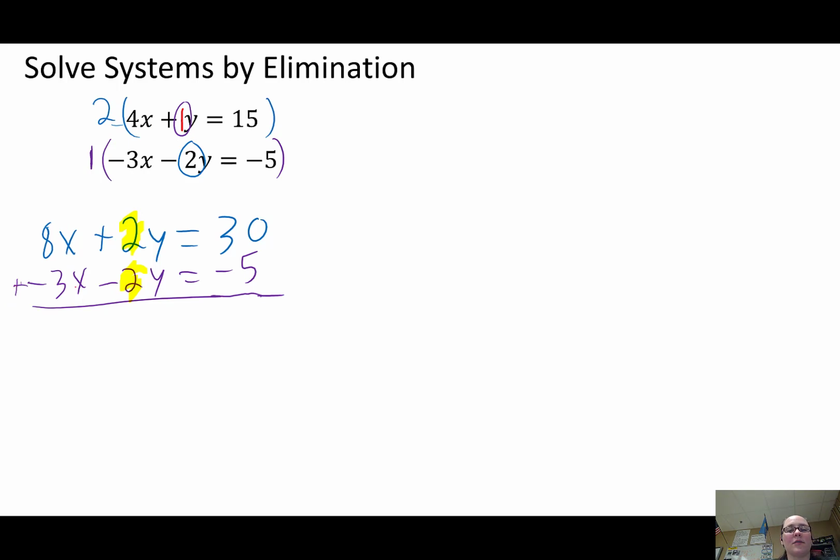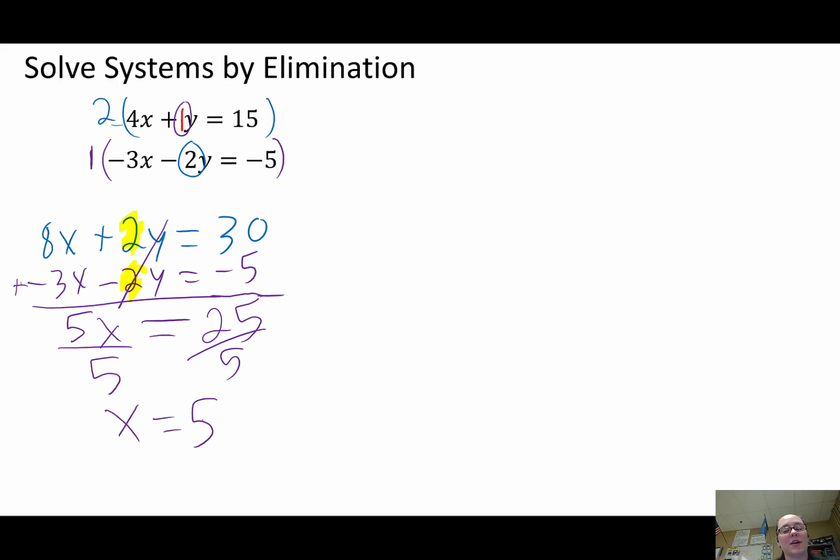So 8 plus negative 3 is 5. 2 plus negative 2 is 0, canceling out. And 30 plus negative 5 is 25. Divide both sides by 5, and I get x is equal to 5.